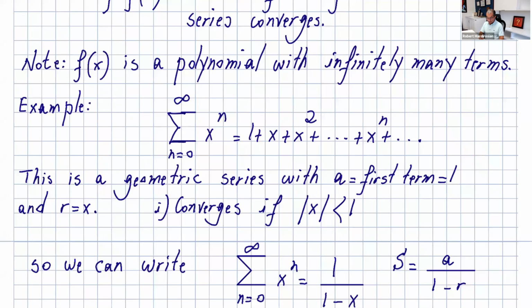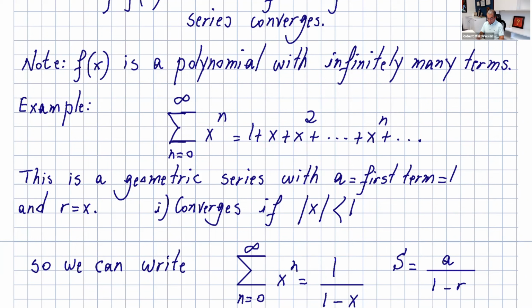Notice that this is a geometric series: the first term a is 1, and each time you multiply by x. 1 times x is x, 1 times x times x is x squared, and it just keeps going.